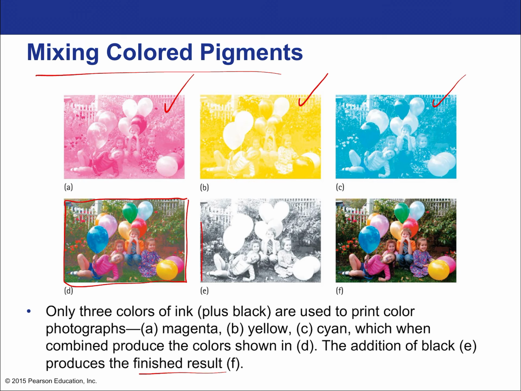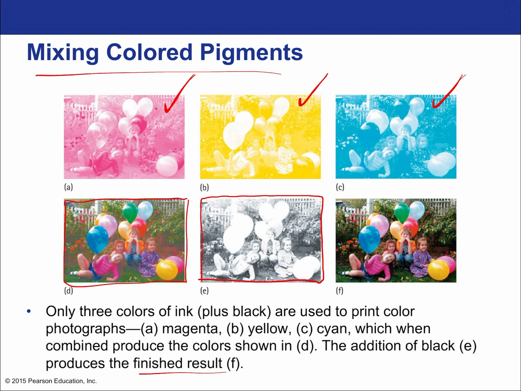Now you might be like, wait, why do you need black? I thought you could make everything with just magenta, yellow, and cyan. Well, you actually don't need black. Often printers will have a separate black cartridge just for efficiency and saving money, because the only other way you could make black is to add together all three of the subtractive colors: the magenta, the yellow, and the cyan.